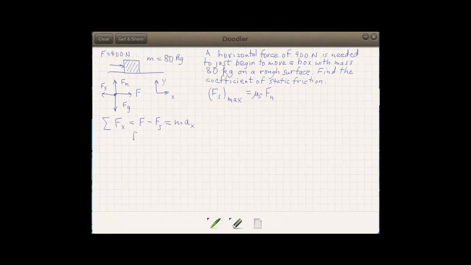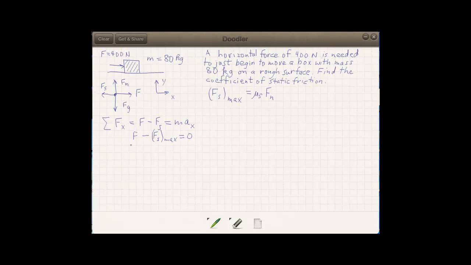We get F minus the maximum static friction force, F sub s max, like I wrote earlier, equal to the acceleration times the mass, and right on the verge, the acceleration is zero.